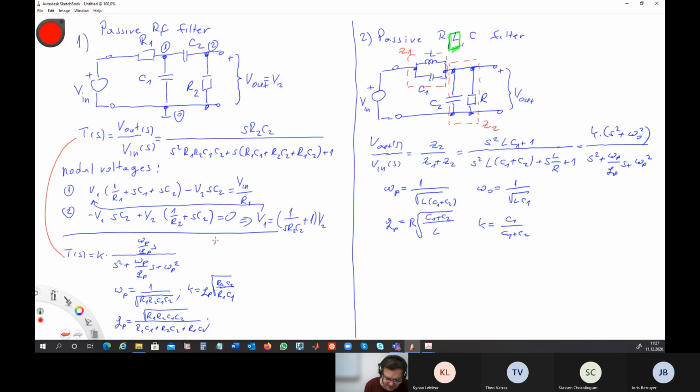To find it, we write 1 over QP, which is equal to R1 C1 plus R2 C2 plus R1 C2 over R1 C1 R2 C2, which is equal to R1 C1 over R2 C2, plus R2 C2 over R1 C1, plus R1 C2 over R2 C1.